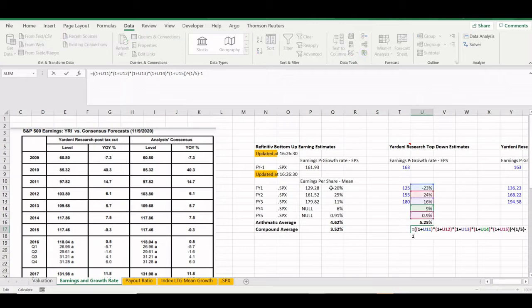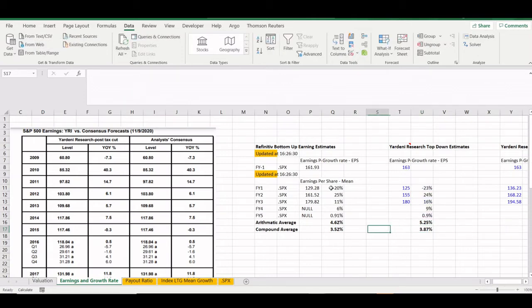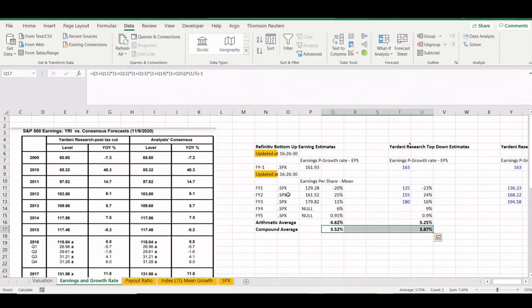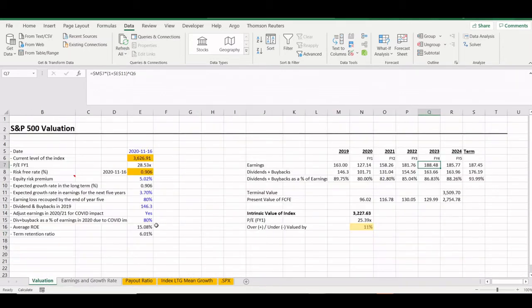And we can do the same thing for a top-down approach as well as a bottom-up approach, and we can take the average of these values to be 3.7%, and that's the growth rate that we have used for the high growth phase period. There's no need to adjust this growth rate for COVID-19 impact, because these earnings in 2020 and 21 already represent the impact of COVID-19.